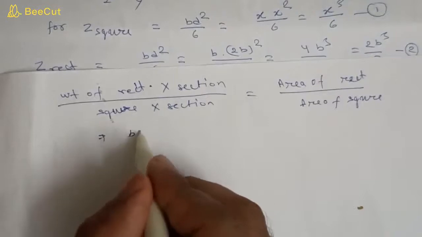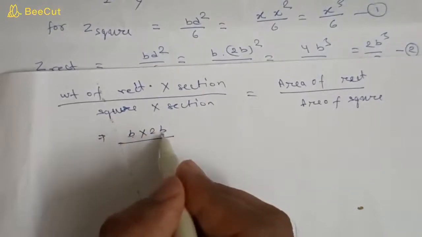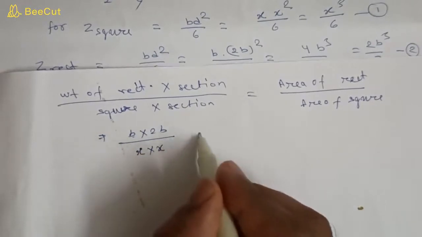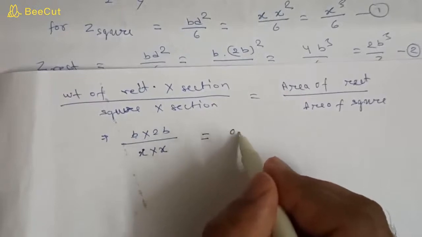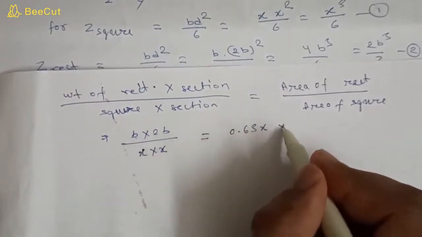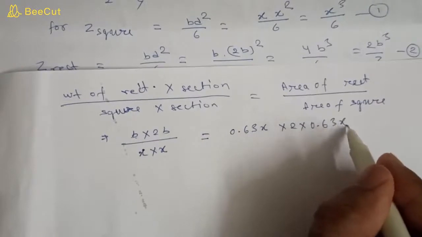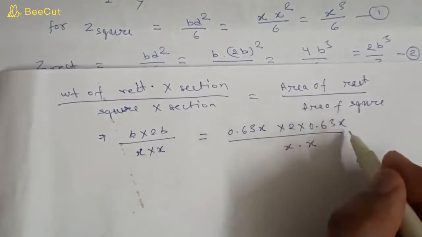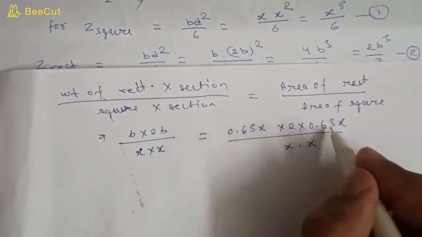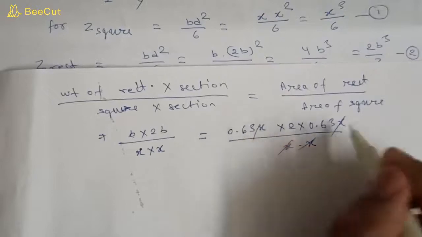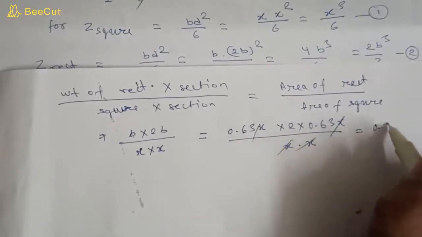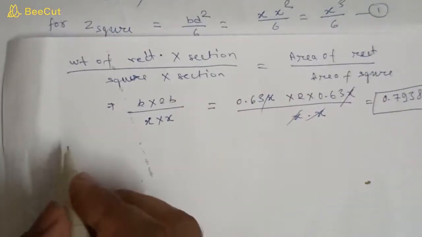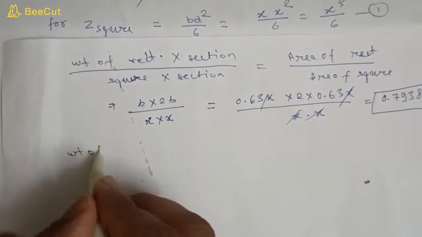Area of rectangle will be b into 2b, breadth into depth, divided by x into x. So b is equal to 0.63x, so 0.63x into 2 into 0.63x divided by x into x. If you multiply 0.63 with 2 into 0.63, x will cancel, so you will get 0.7938.